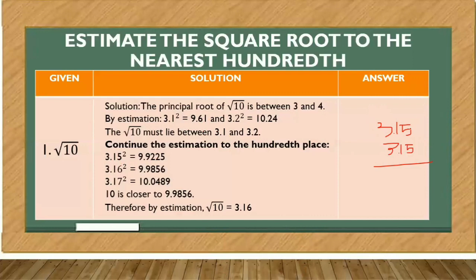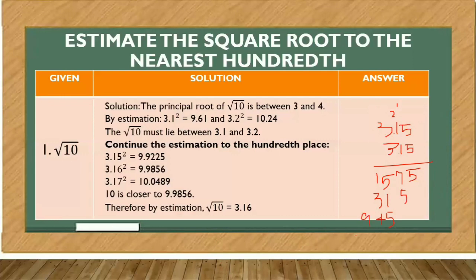Alright? So, 5 times 5, 25. Carry 2. And then, 5 times 1, 5 plus 2, 7. 3 times 5, 15. And then, next, 1 times 5, 5. 1 times 1, 1. And then 1 times 3, 3. Next, 3 times 5, 15. Remainder 1, I carry 1. 3 times 1, 3 plus 1, 4. And then 3 times 3, 9.